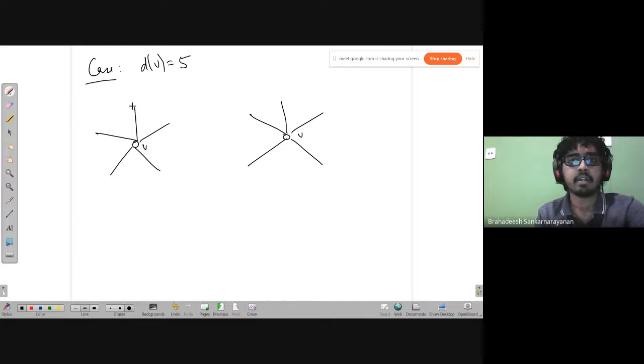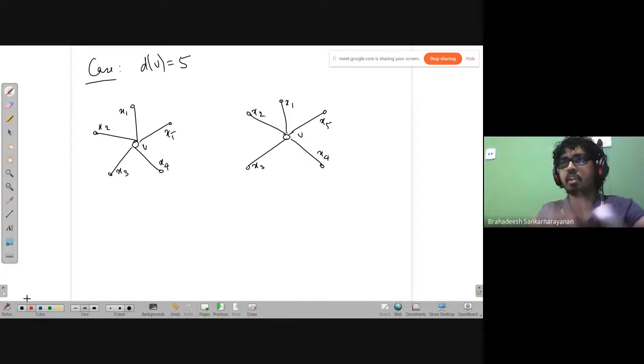Once you color everything else, you check how many colors are used in the neighbors of V. If less than 4 colors are used in the neighbors of V, then you're anyway done, because whatever the leftover color is, you can use that to color V. So let's always assume that all 4 colors are used, via the induction hypothesis, in coloring all the neighbors of V. Up to relabeling of the colors, the configuration can only be in 2 possibilities.